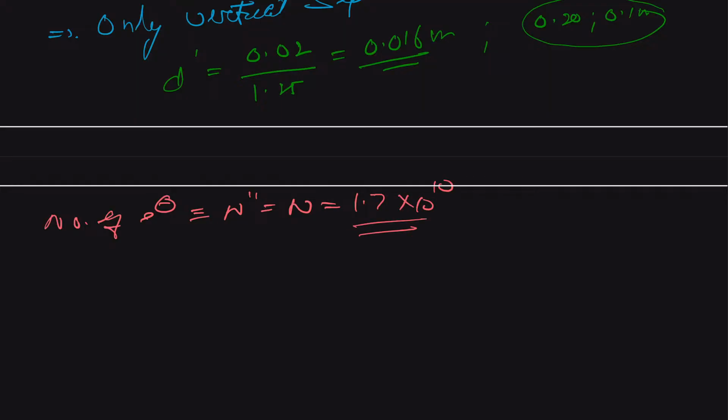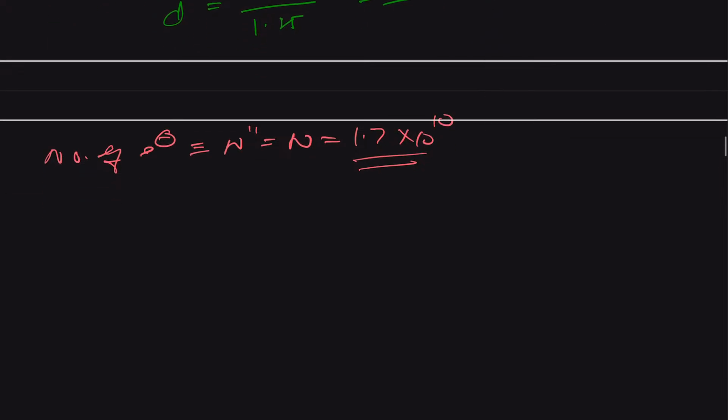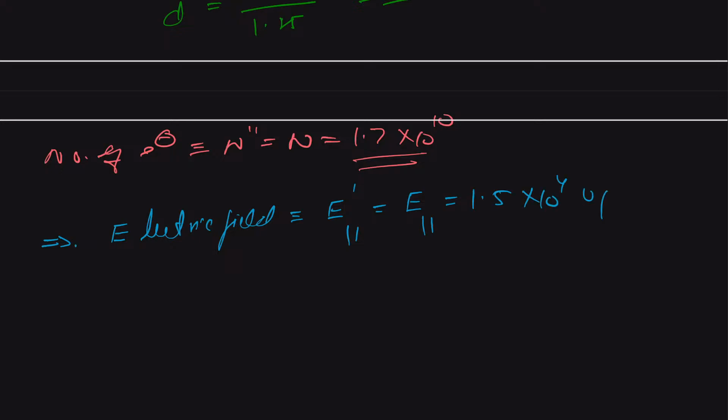And the parallel electric field will be independent of the motion, because the motion as well as the electric field are parallel to each other. Therefore, E parallel prime will be equal to the original electric field parallel. So the field is not going to change. This will be the same 1.5 into 10 to the power 4 volts per meter.